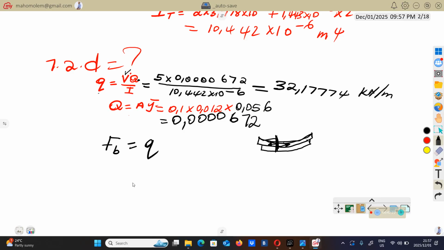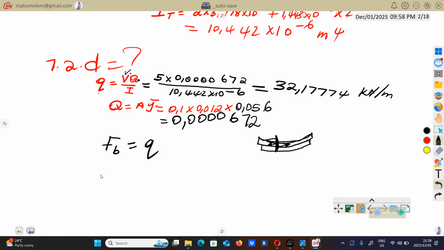Now, F bolt, the resisting force by a single bolt, or the resisting force by all bolts. Let me use all bolts. Resisting force of the bolts for 1 meter length.